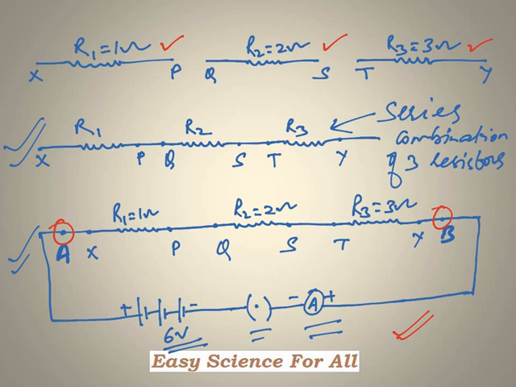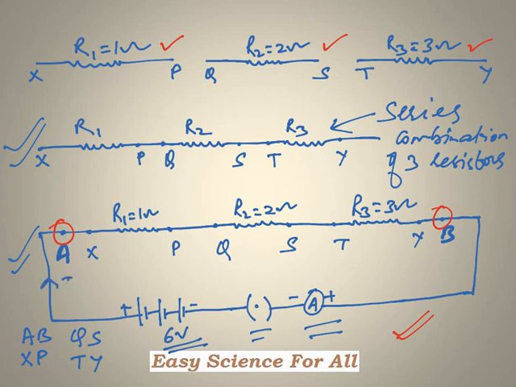Now with the help of a voltmeter, we will measure the potential difference between points AB, then XP, then QS, then TY, and we'll try to find a relationship between these potential differences.